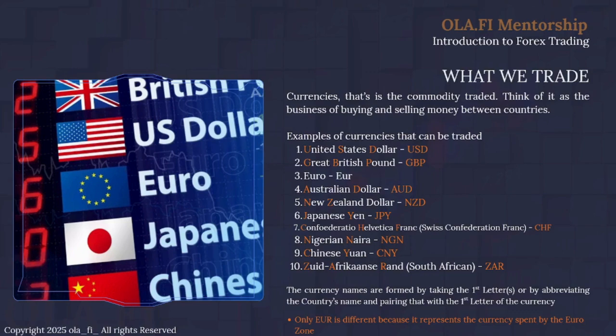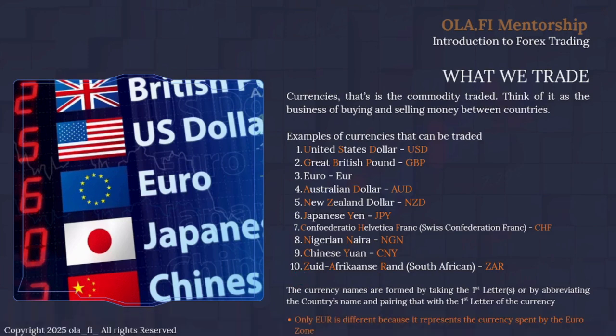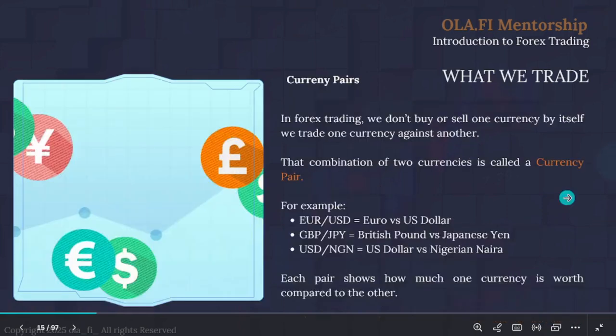We have the Nigerian naira, NGN, taking NG from Nigerian, N from naira. Also we have the Zuid Afrikaans rand, that is the Dutch name for rand. That's why the South African rand is popularly known as ZAR. Ordinarily, it should be SAR, but yeah. Zuid Afrikaans also means South African. Zuid means South.